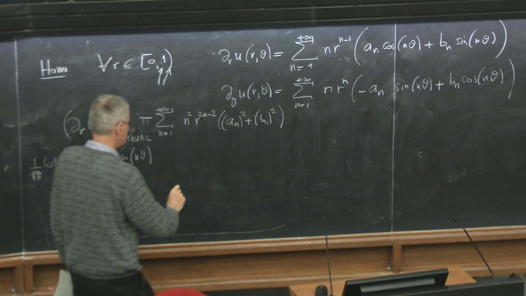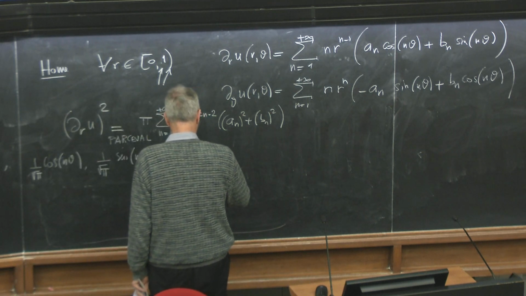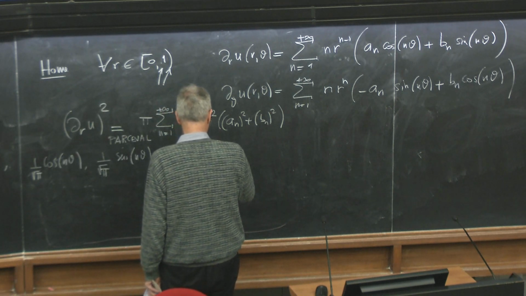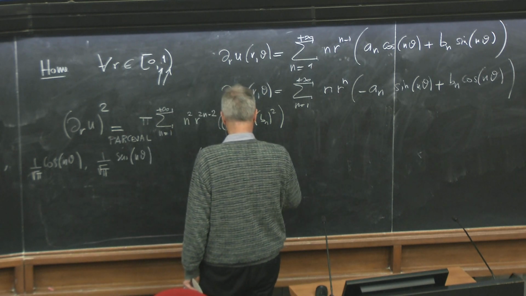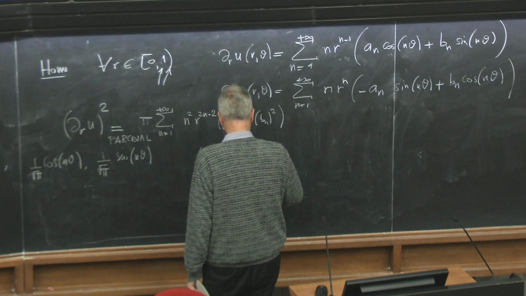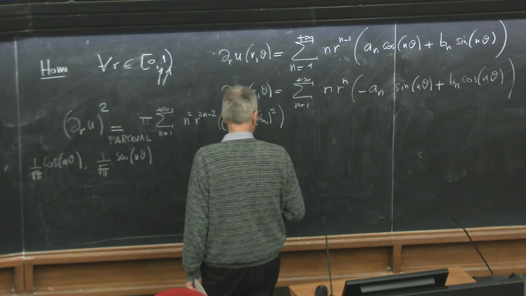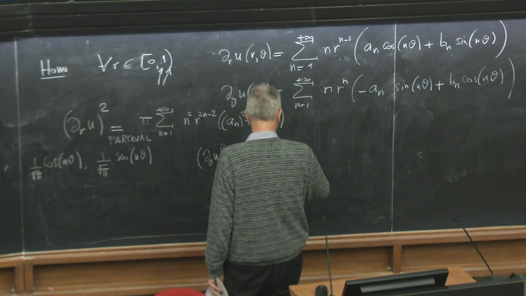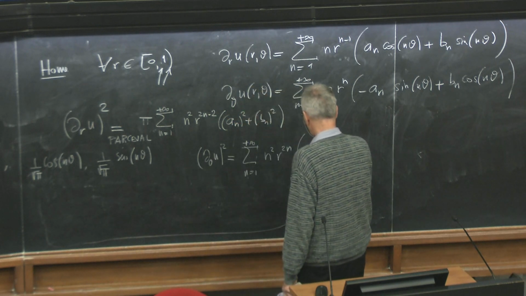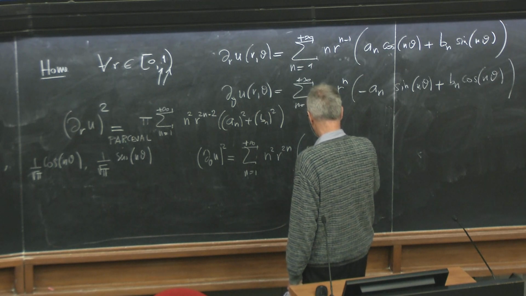And the derivative with respect to u squared, for the same reason, is the sum from 1 to plus infinity of n squared. Now there is 2n here, but we have essentially the same quantity.